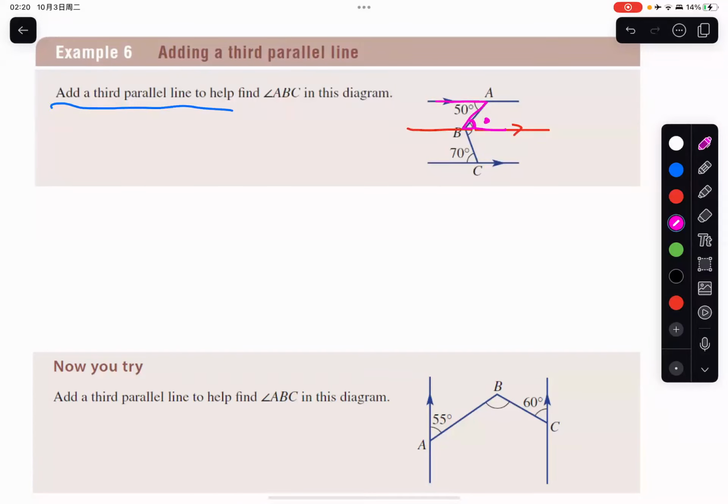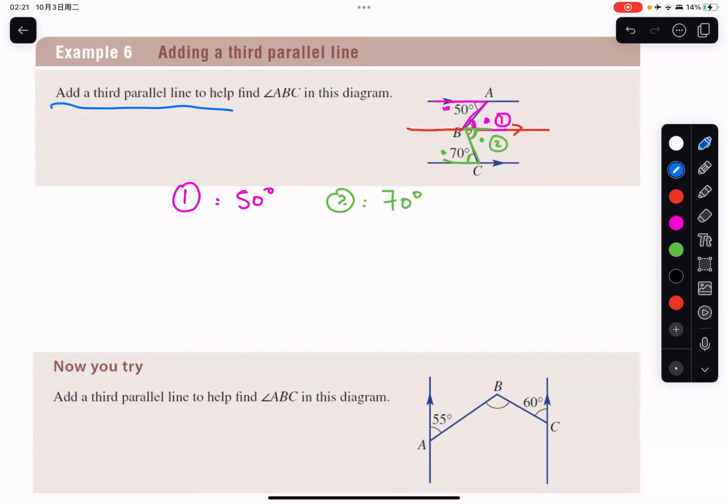This one and this one are alternate angles. Let's say that one is angle 1. For the second one, here we have another Z, so 70 degrees equals that one. That is number 2. From here, number 1 equals 50 degrees straight away, and number 2 equals 70 degrees.